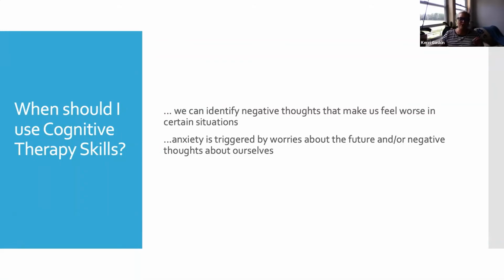I really do want to note though, and we did talk a little bit about OCD in a couple of other sessions, if you have a diagnosis of OCD or obsessive compulsive disorder, some types of cognitive skills may not be helpful. And OCD is typically best treated with exposure and response prevention, which is a very specific style of exposure treatment.